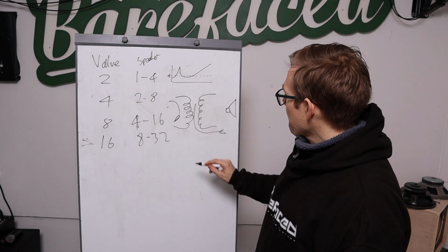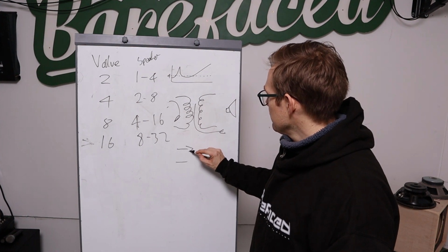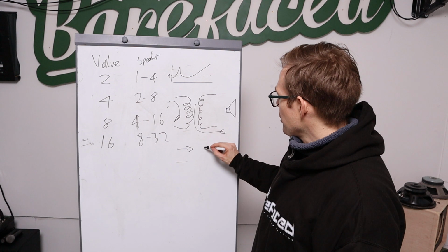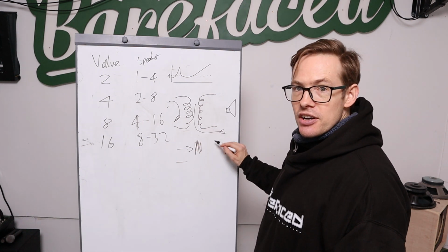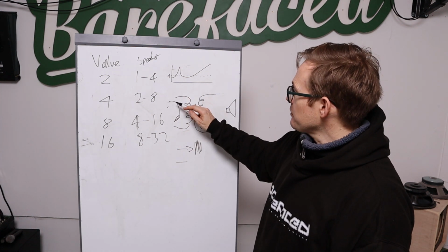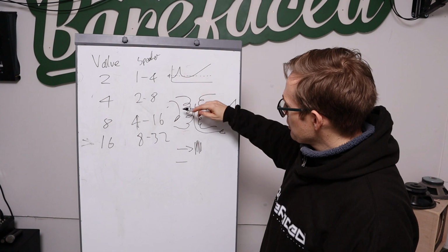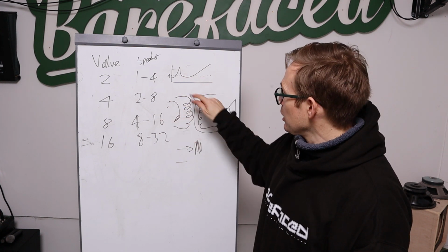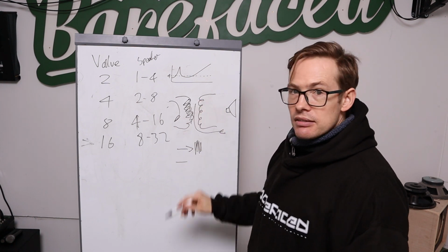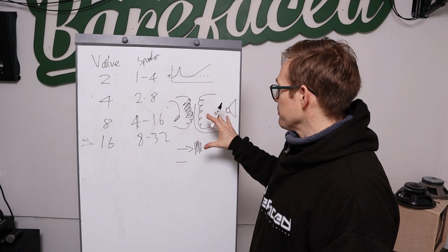Problem is, with a solid state amp, if it's trying to put out power here and there's nothing connected, there's just a dead stop. You know, the electricity can't get out, no current flows. But on a valve amp, if there's nothing connected here, current can still flow round one side of the output transformer, so it just goes round in this terrible loop, and this bit gets really upset, and bad things happen to transformers if you drive them with nothing connected.